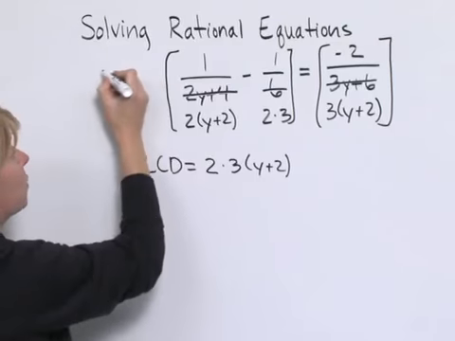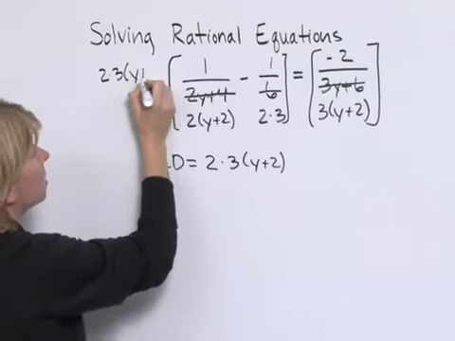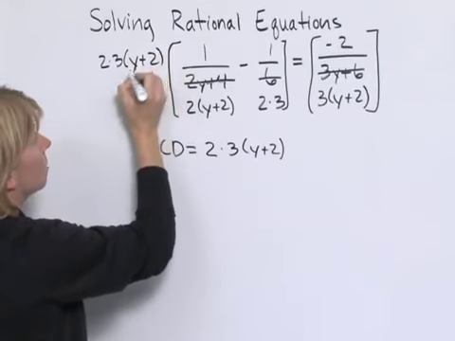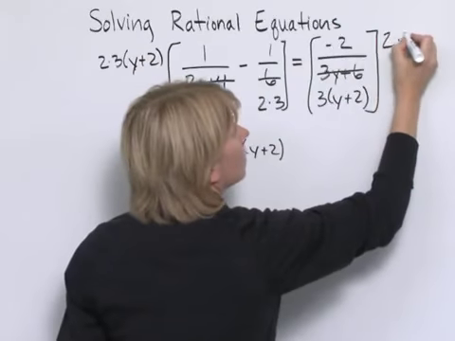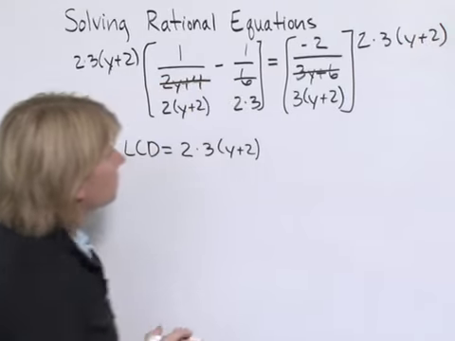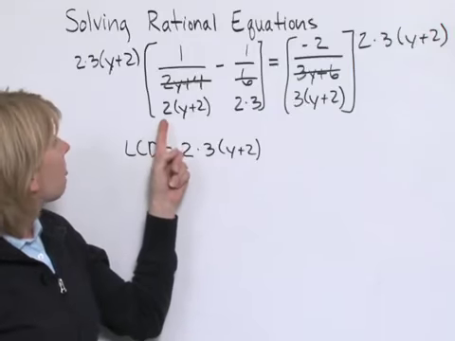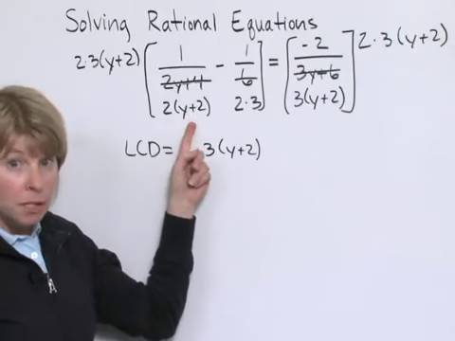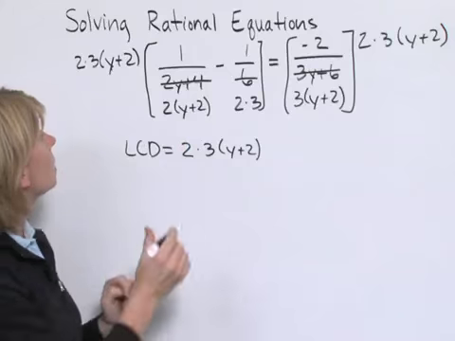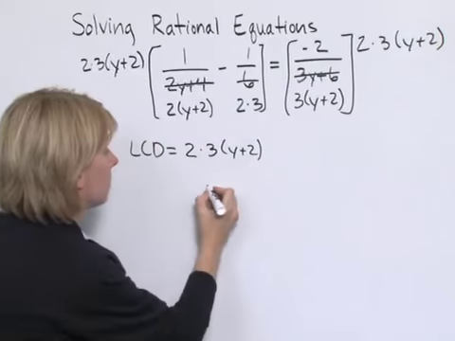And notice on the left, when I go and multiply through by the LCD, I'll need to distribute. When I take the LCD times the first fraction, my 2 and my y plus 2 both divide out, leaving me with 3 times 1.